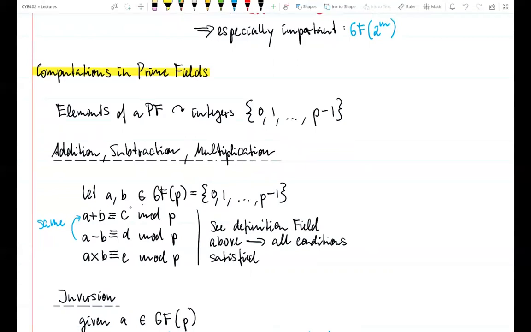Now you should convince yourself that addition modulo 2 is actually XOR. And in XOR, you saw that addition and subtraction are the same thing.